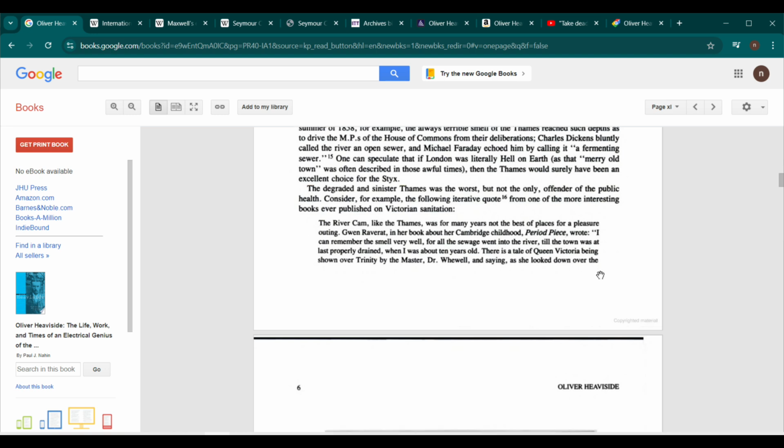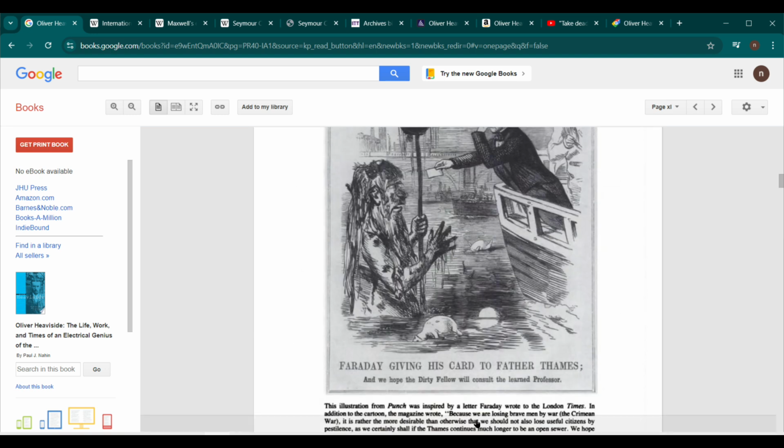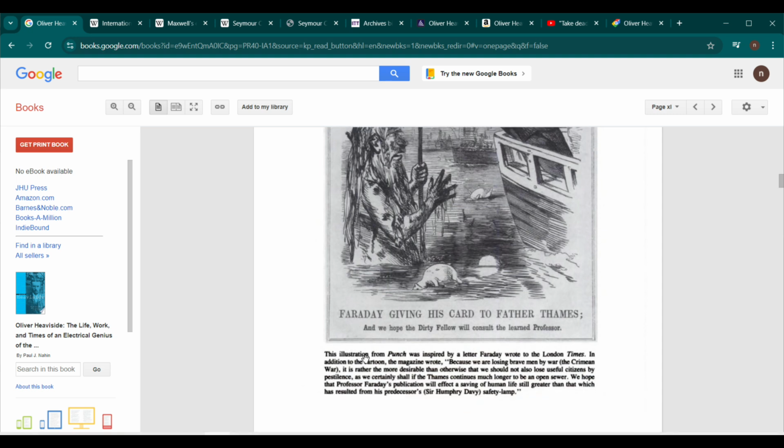So there was a cartoon in the satirical newspaper Punch magazine, inspired by a letter Faraday wrote to the London Times. The magazine wrote: because we are losing brave men by war, it is rather more desirable than otherwise that we should not also lose useful citizens by pestilence, as we certainly shall if the Thames continues much longer to be an open sewer.